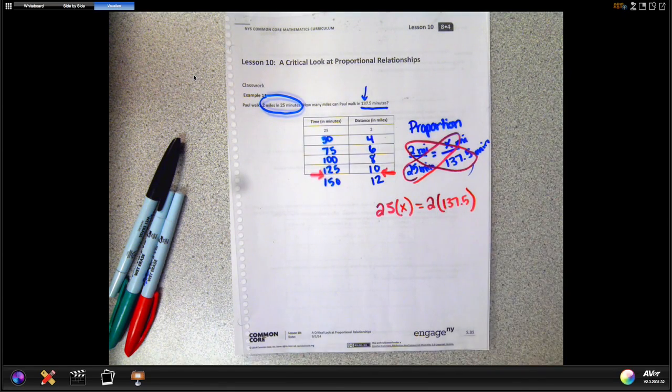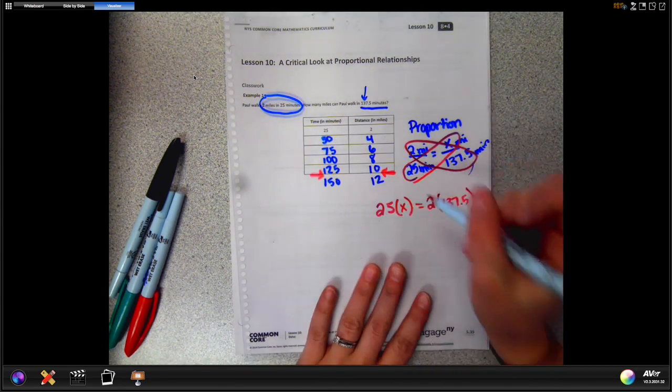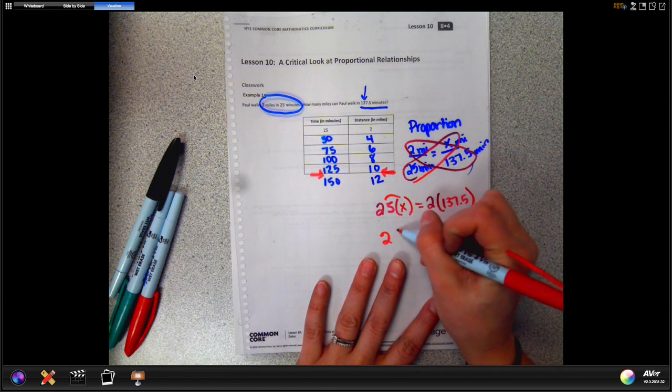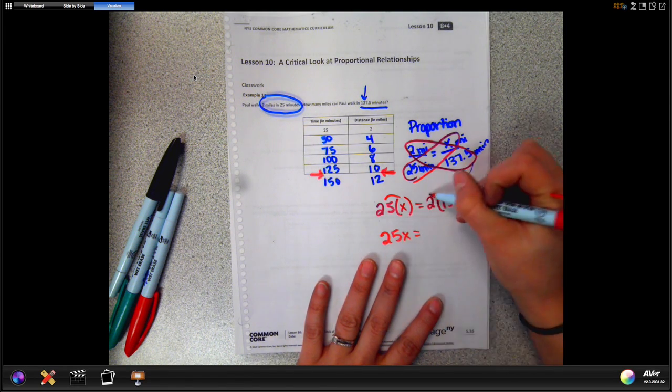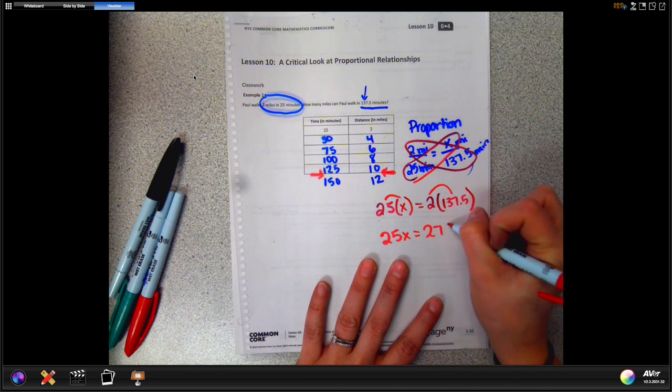This is actually an easier linear equation than what we have been doing, so we don't have to do a lot of distribution here. 25x equals 2 times 137.5, which is 275.